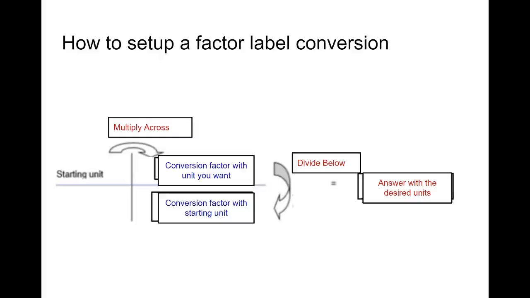And then one at a time, divide by the values and units on the bottom of the grid. Once you've finished, if you've done this correctly, the units you no longer want will be canceled out, and the units you do want will be the only ones left.